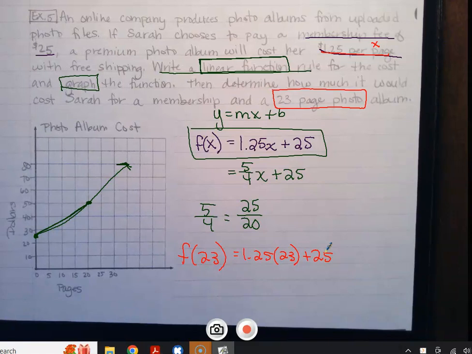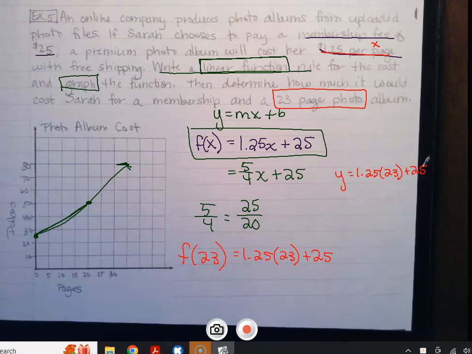Or if you used y equals, it's the same thing. You could also write this as y equals 1.25 times 23 plus 25.